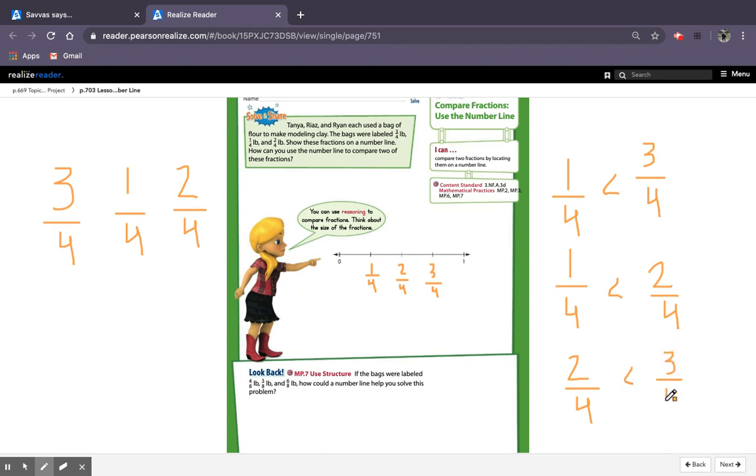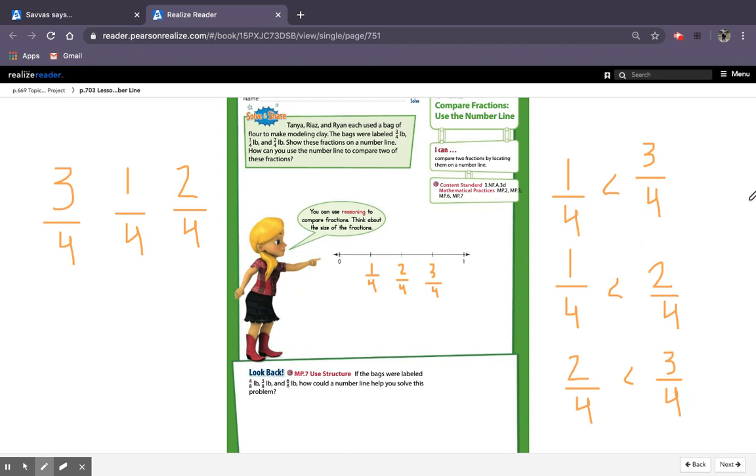So these are possible options. You could also flip it and say 3/4 is greater than 1/4 if you switched the positions and symbols. Same thing for the other fractions. These are just some of your possible answers.